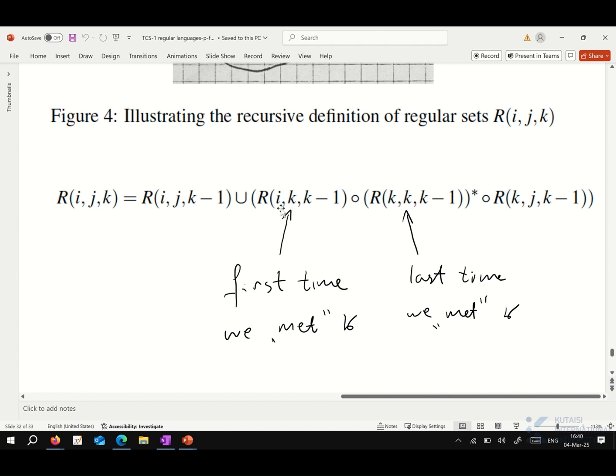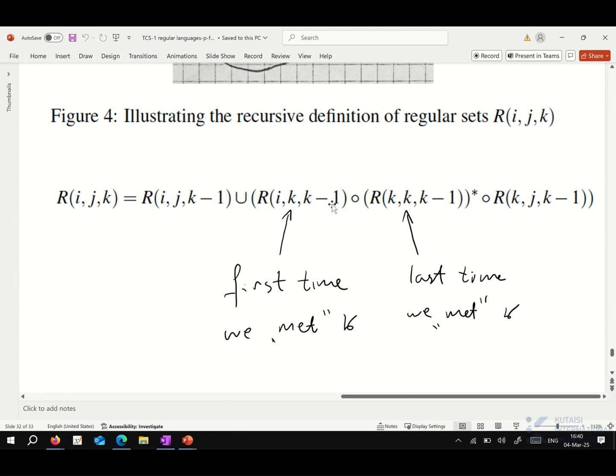So you start with I, you hit k, and if it's the first time you met k, all the states before were less than k minus 1. So you started in I, you came to k, and all the states on your road were less than or equal to k minus 1.